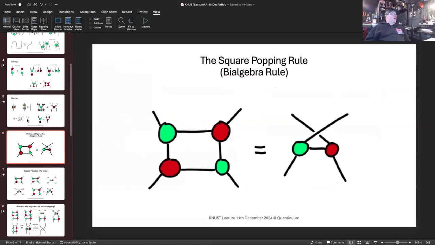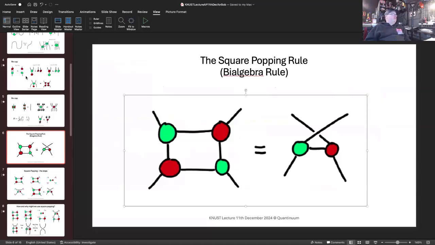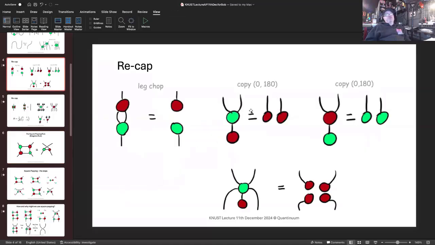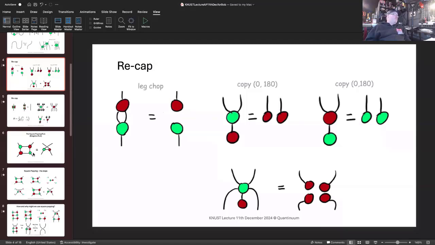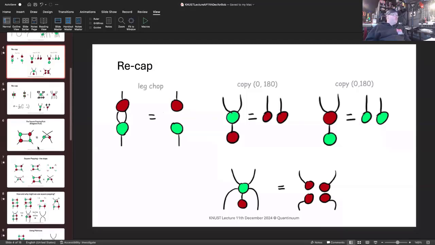Well, as it turns out, this one, in the presence of these two copy rules, implies this one. So in the presence of these two copy rules, from this one, you can actually derive this one. But that doesn't mean that you should forget the first one.